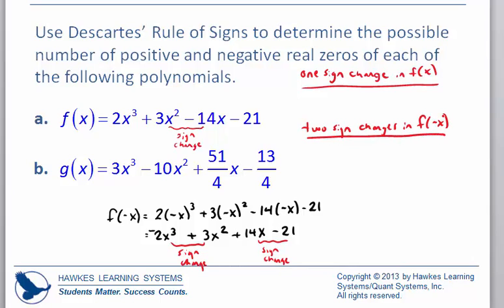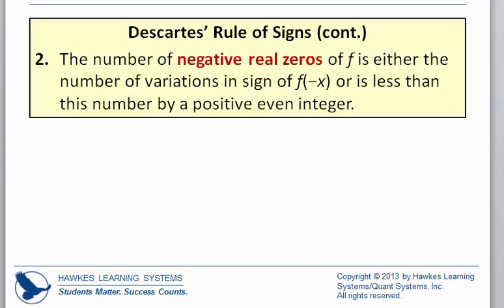Okay, so let's look first at the negative x. It says the number of negative real zeros of f is either the number of variations in sign, which for us would have been 2, or is less than this number by a positive even integer. The smallest positive even integer is 2.